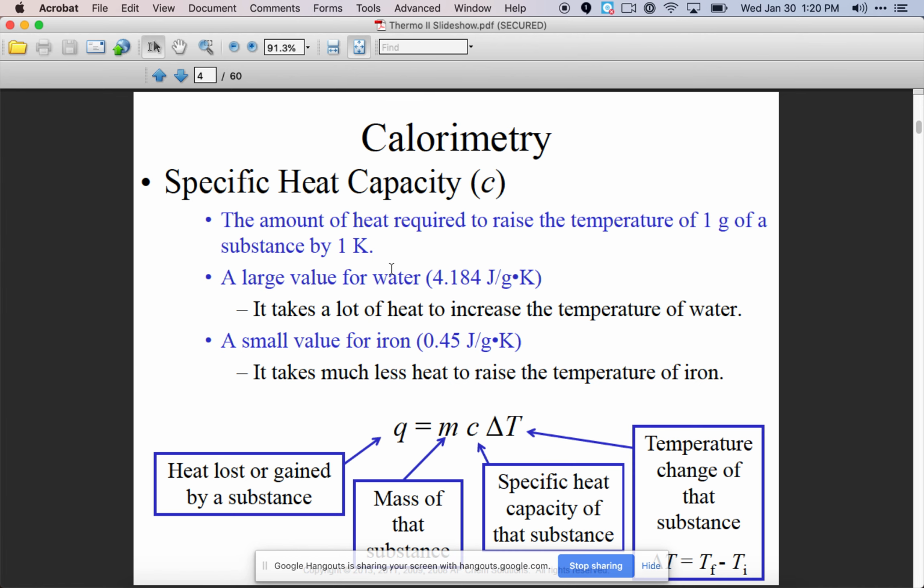Obviously I would have to give you 3 out of the 4 to calculate something like this. So you could potentially have to solve for heat or mass or specific heat or one of the temperatures, but I'd have to give you the other 3. Does that make sense?